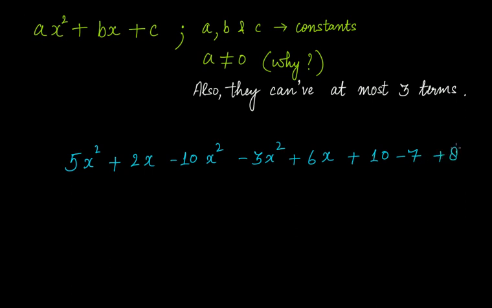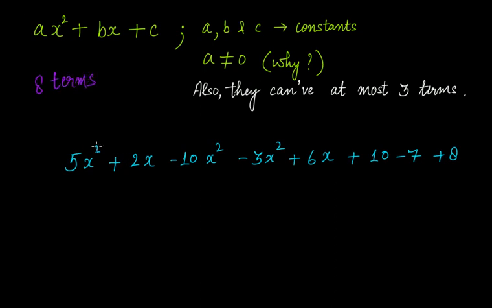Okay, so your friend asks you to tell whether this is a quadratic polynomial or not. So you might say, hey, no, it's not a quadratic polynomial. Sorry, it's a quadratic polynomial, but it has 1, 2, 3, 4, 5, 6, 7, and 8 terms, right? But that is wrong.